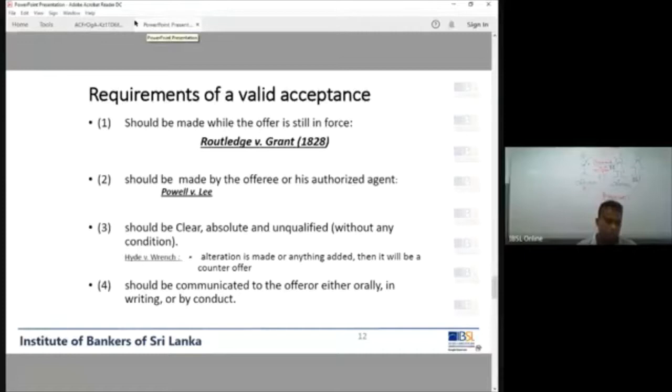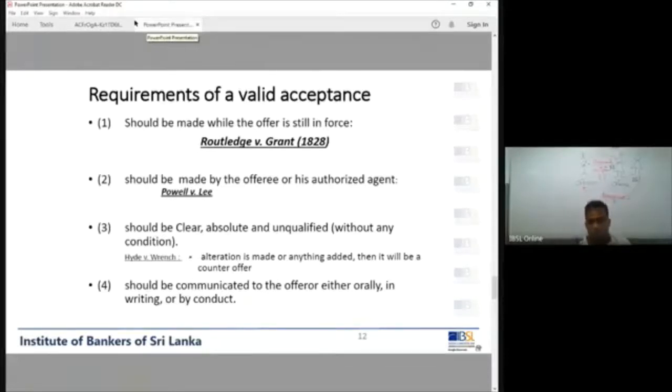Now, I will take the same example I gave. We say A makes an offer to B. B wants to accept the offer. B says, I would like to accept the offer.